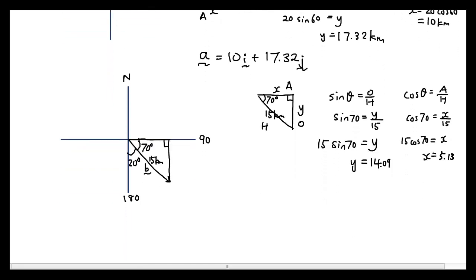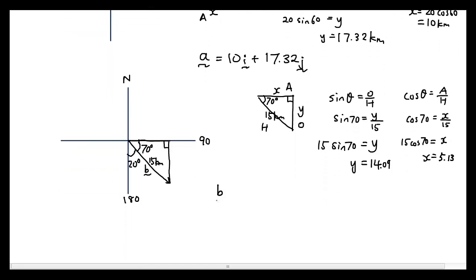And then the bearing B, which is the second part of his walk, is 5.13 i minus 14.09 j. Right, because y is going downwards from the horizontal.